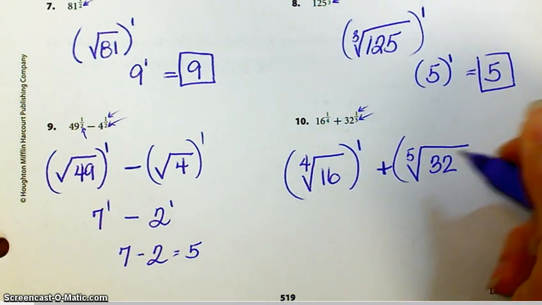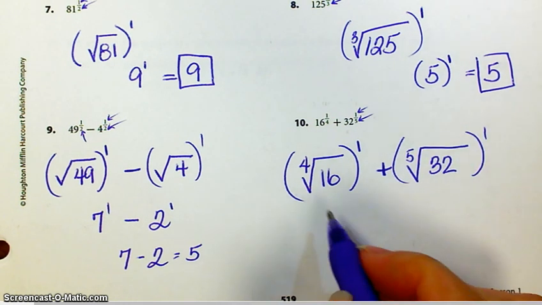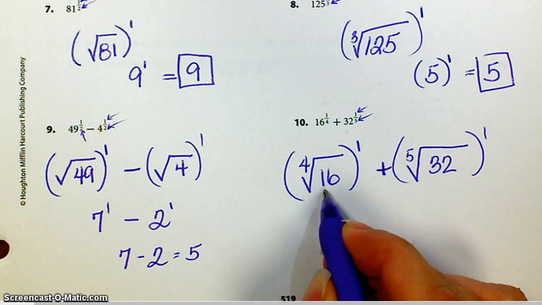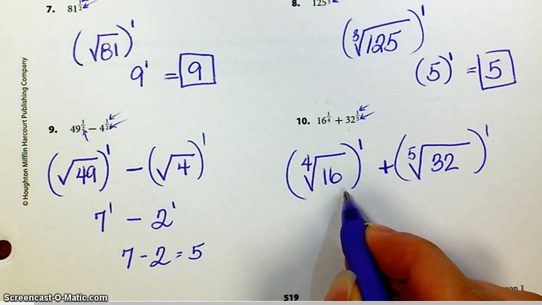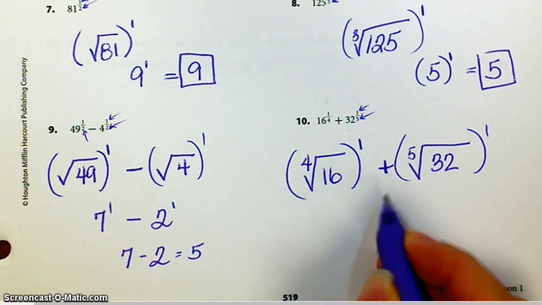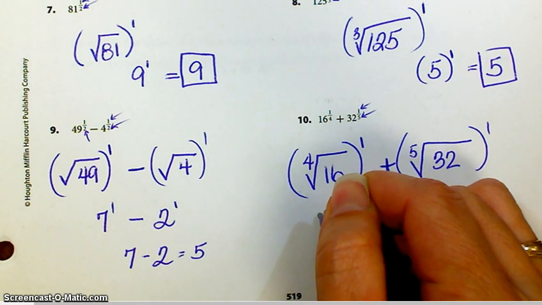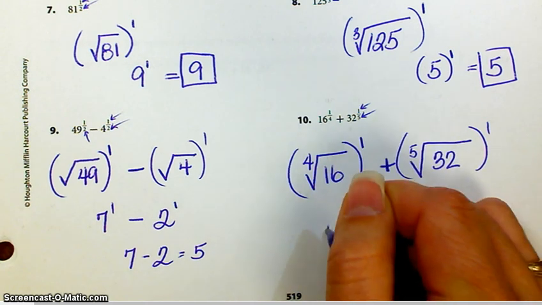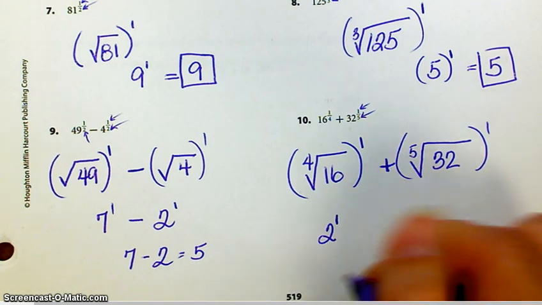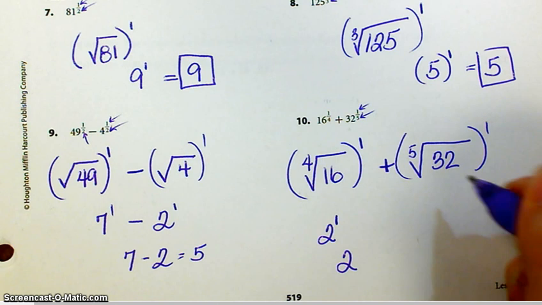The numerator tells you to raise it to the first power. The number that you would multiply together 4 times to get 16. What number times itself 4 times is going to give you 16? Well, that's 2. 2 times 2 times 2 times 2 is 16. So the 4th root of 16 is 2. 2 raised to the first power is just 2.